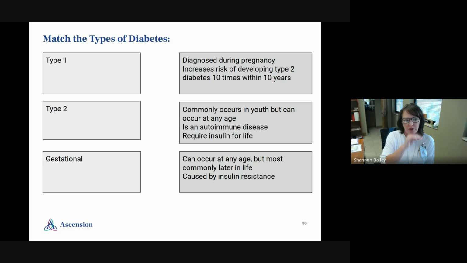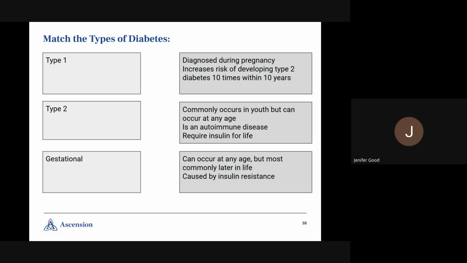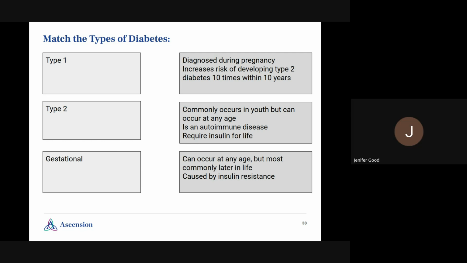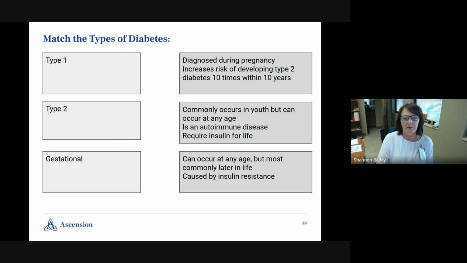Let me know what you think best matches type 1 diabetes. The second one is going to be type 1. Yes, type 1, but you've got 3 boxes. It's either diagnosed during pregnancy.